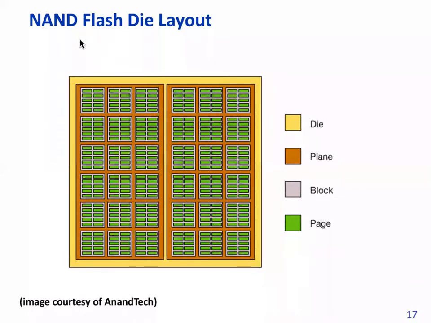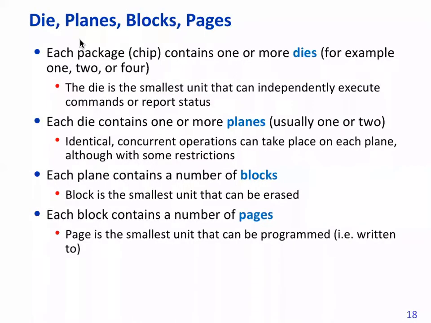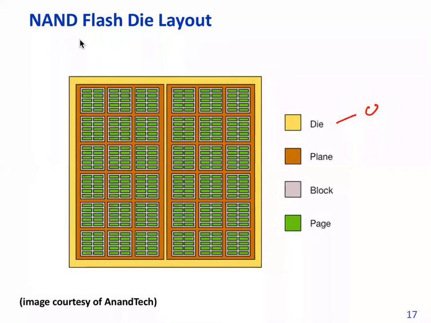So we have a die. Let's assume that we have a chip which has just one die. The one which is shown here is a die.